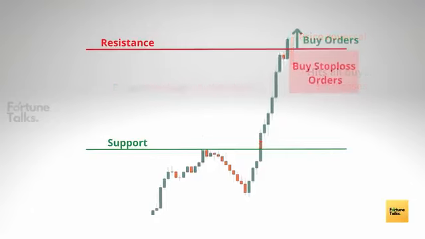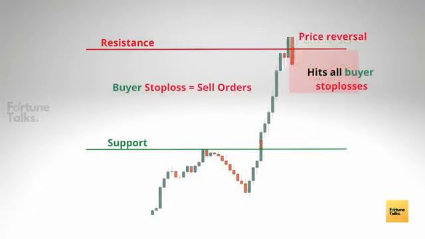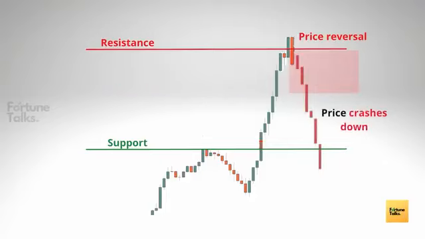And what exactly are these clusters of stop loss orders that are waiting under the resistance level? They are simply orders to exit the market or square off the positions which were kept by those breakout traders who went long on the stock. This in turn means that these are actually sell stop loss orders which will induce further selling pressure in the market.